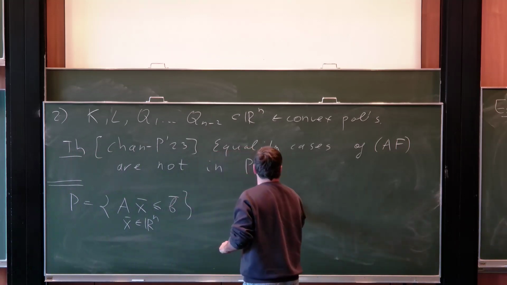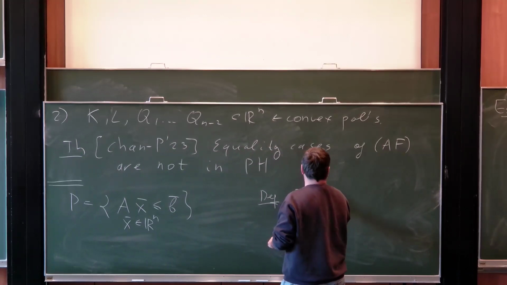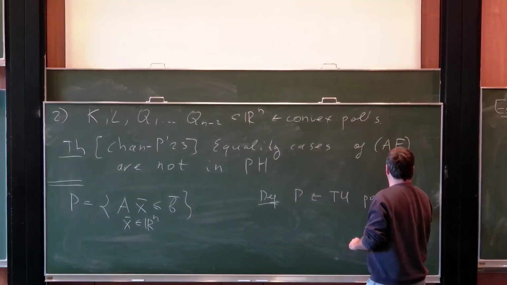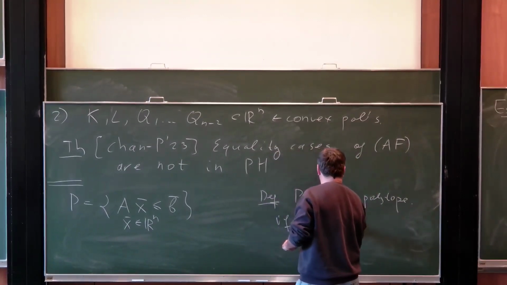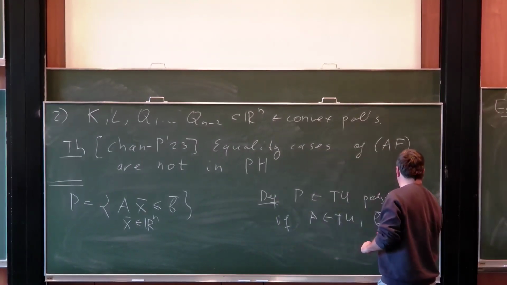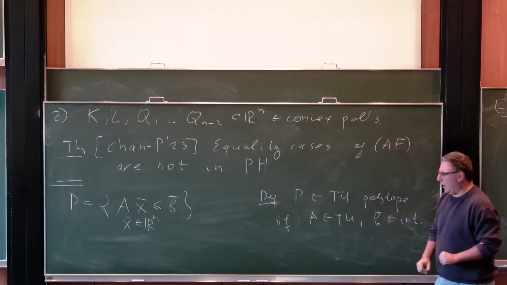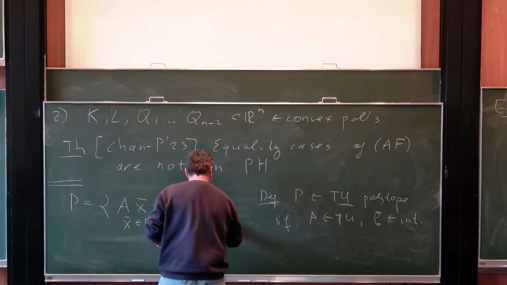So I'm going to make a definition. I'm going to say that P is a totally unimodular polytope if A is totally unimodular and B is just an integral vector. Now, what do I mean by totally unimodular?